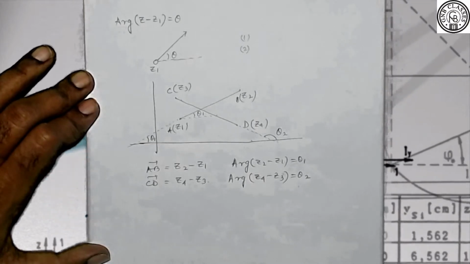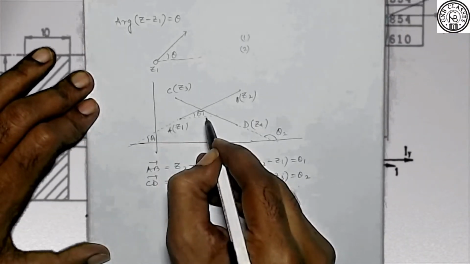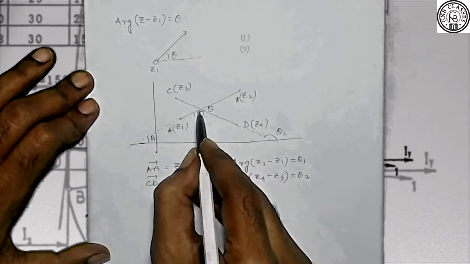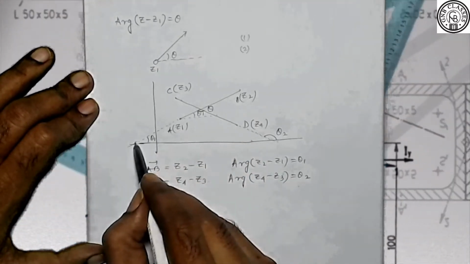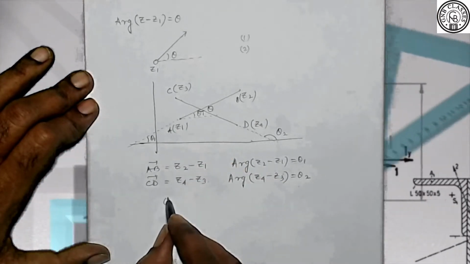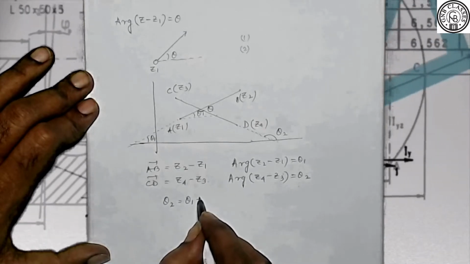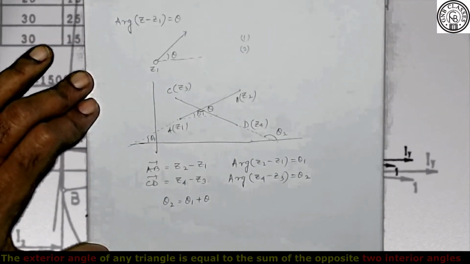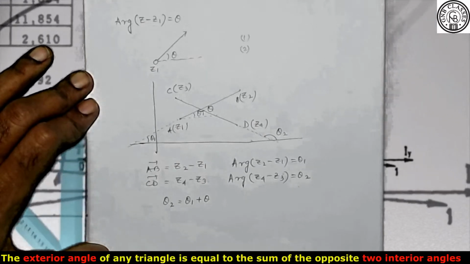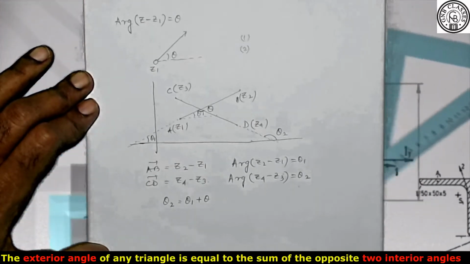Is it okay? Now let us say the angle between these two lines be theta. Let us say this angle is theta. So from this triangle we can say that theta 2 is nothing but theta 1 plus theta. Is it clear? Because as we know, the exterior angle of any triangle is always equal to the sum of the two opposite interior angles.